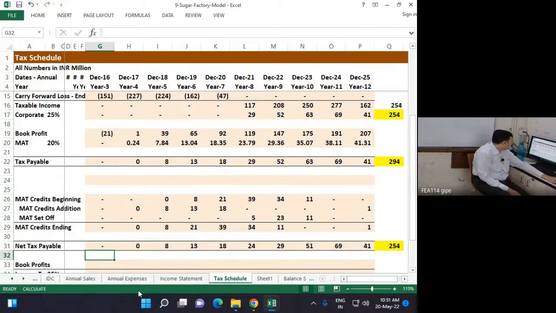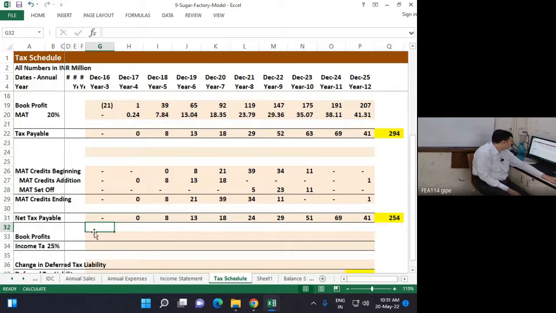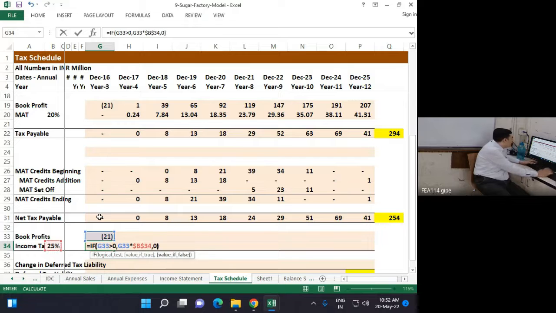Okay, and therefore book profit. Okay, so 254. Then book profit is same as PBT. Again, if there is profit, then tax expense would be 25% of the profit. Again, in the income tax provision or income tax expense, you will have the if condition, there is a loss in the year one.